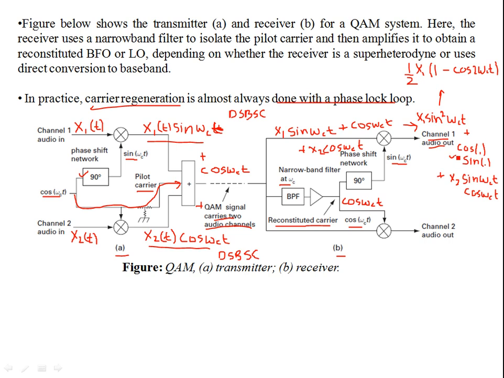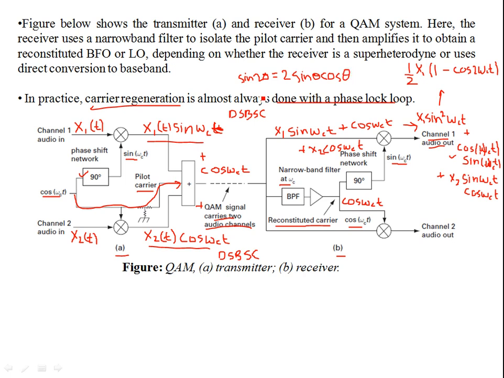For this term, you must appreciate that the argument is still omega ct, the same argument. So you see sine 2 theta is twice sine theta cosine theta. And that's very easy to filter out, because this is again going to produce a high frequency term which can be low pass filtered out.